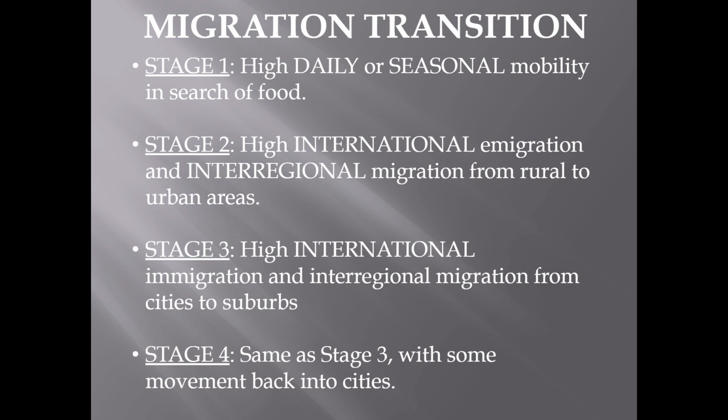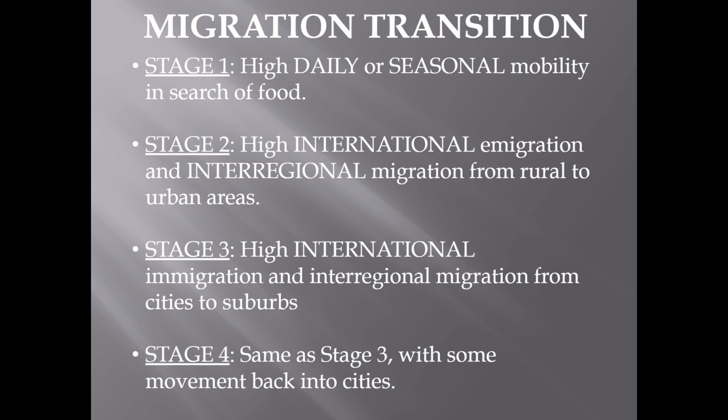They continue to have high international immigration, and especially you're going to start to see in-migration as well. So you're not going to see as much out-migration in stage 3 as you did in stage 2. It's going to start to reduce because this country is becoming slowly a better place, right?